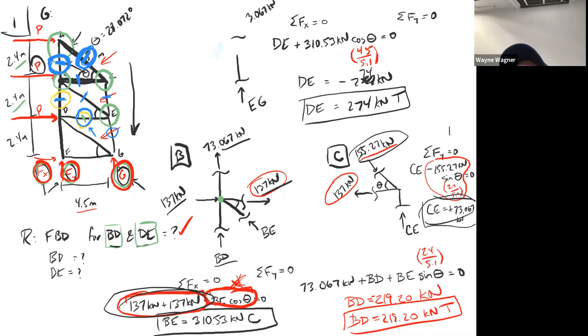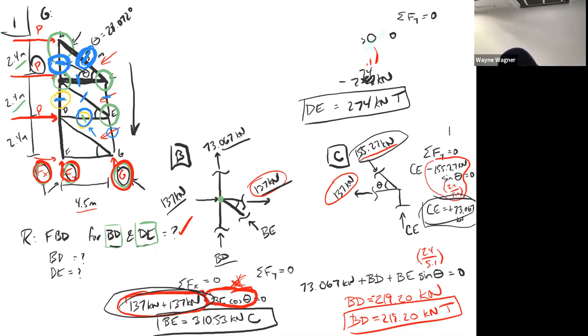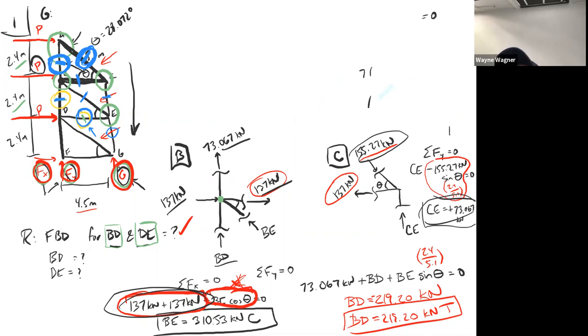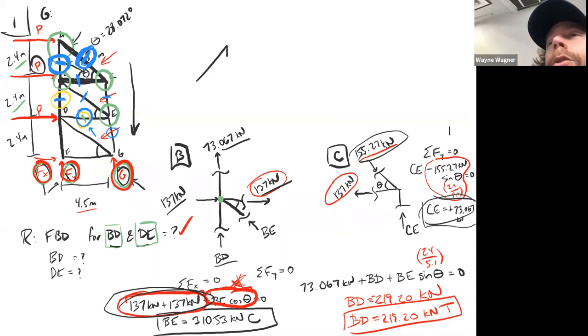Now obviously when you're doing the method of joints, there's so much room for error, because if you get one wrong answer, or get one sign wrong, it just propagates through and it kills you. But on a test, I'm going to want to make sure that you can do sections and then you can do joints. So what I would do on a test is create a really big truss.